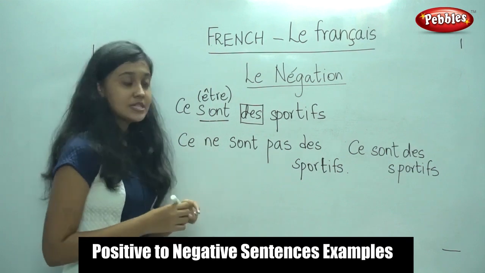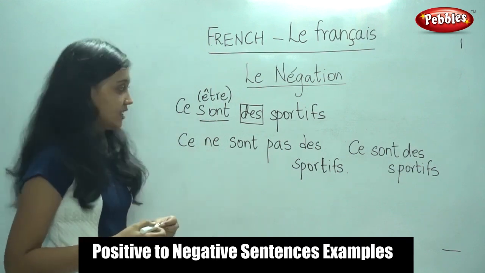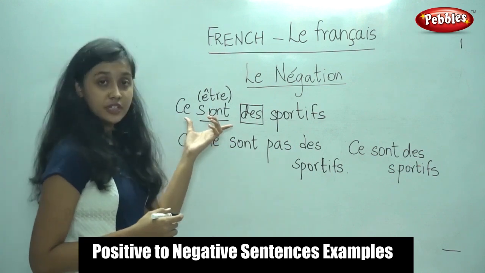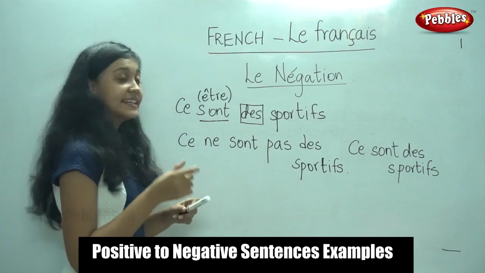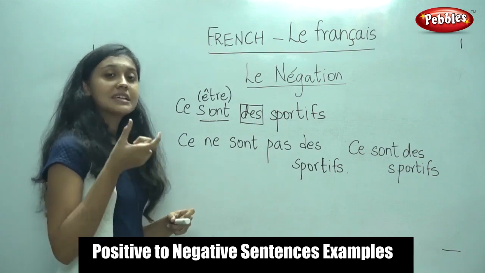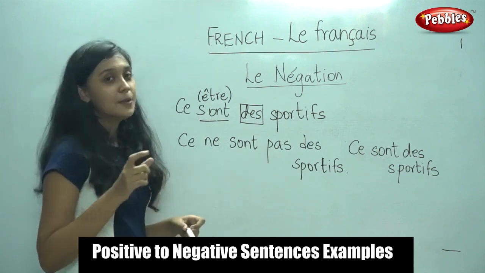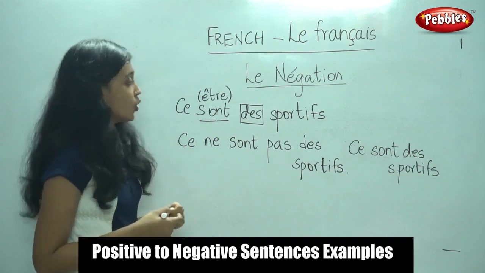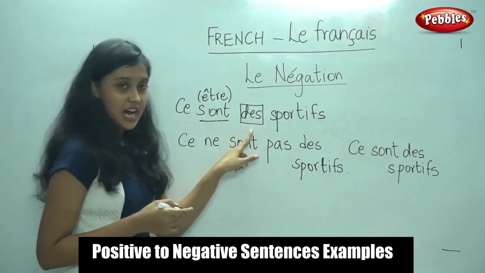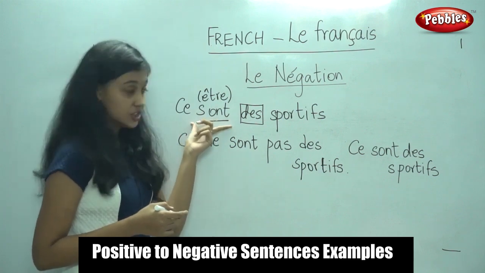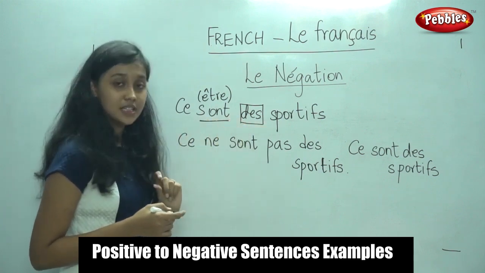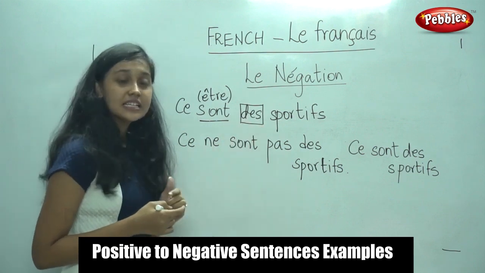So, what did we do? Let us go over the rules once again. When we want to convert a positive sentence into a negative sentence, we would first identify the verb. We would place ne before the verb and pas after the verb. When there is an indefinite article without the être conjugation, we would replace it with de. So, what are the indefinite articles?